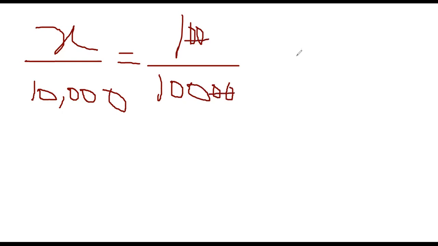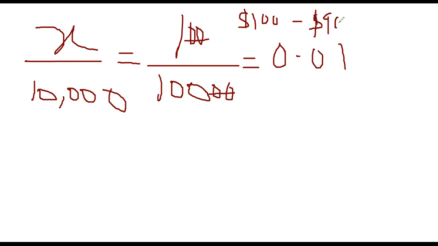Zeros cancel zeros. So 1 divided by 100 is what? 0.01. What that means is that a micro lot size is when you have a $100 account to what? To a $900 account. That's the maximum of a micro lot size.